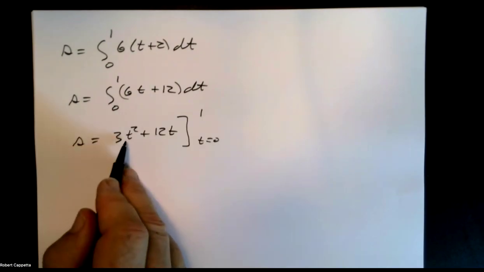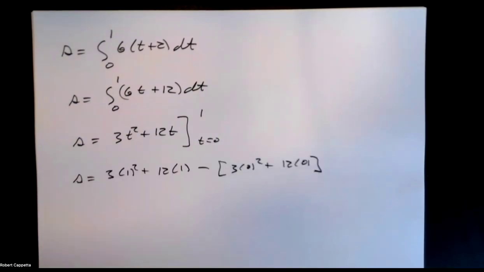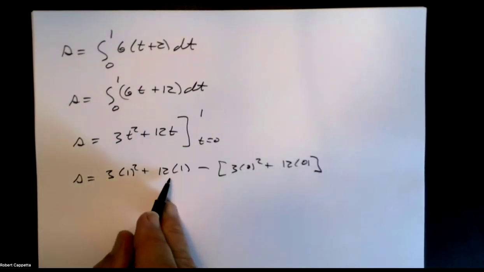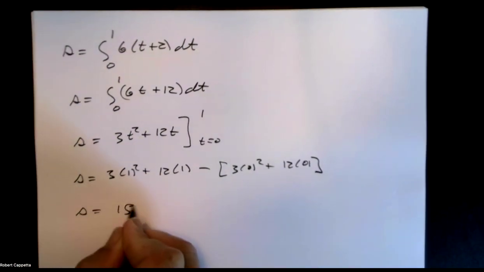So my antiderivative is 3t squared plus 12t, evaluated as t goes from 0 to 1. Plugging in our endpoints, 3 times 1 squared plus 12 times 1, minus 3 times 0 squared plus 12 times 0, and we get s is 15.